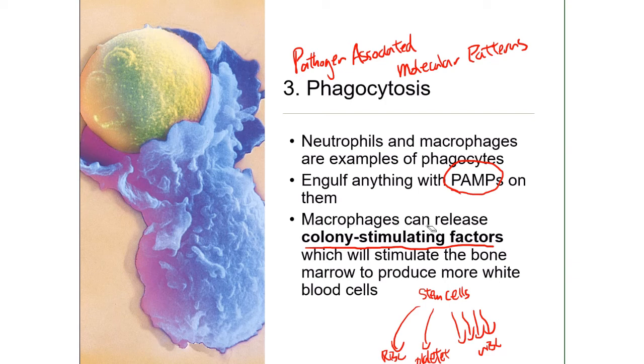So when macrophages release colony stimulating factors, these factors tell the stem cells in the bone marrow to make more white cells, particularly more neutrophils and more monocytes, so that they could be recruited to the site of infection to help clear the infection.